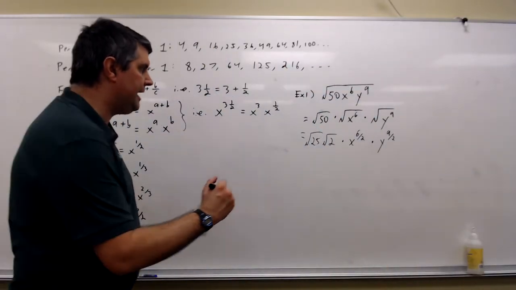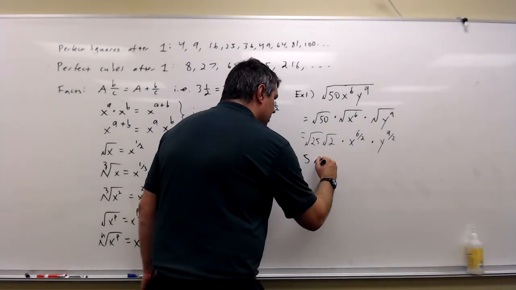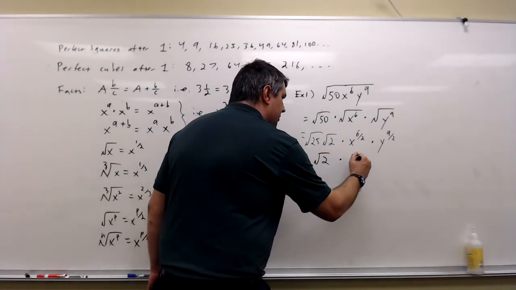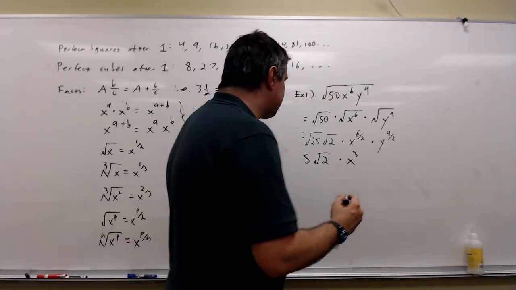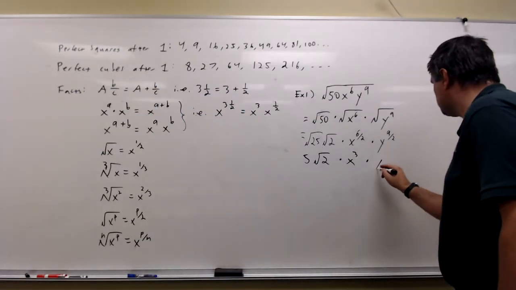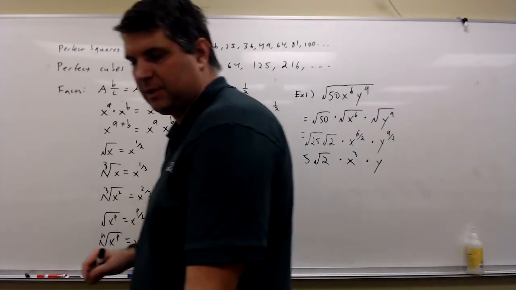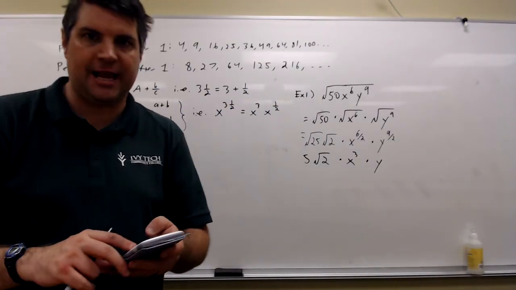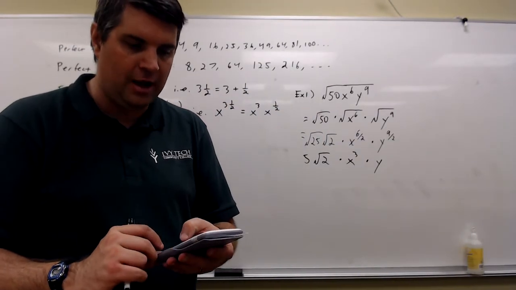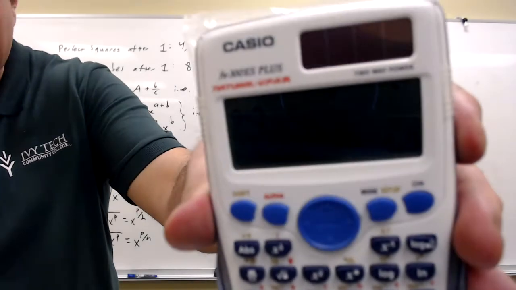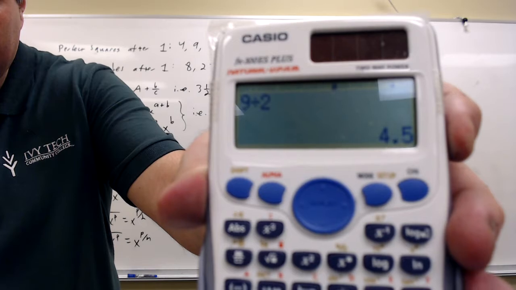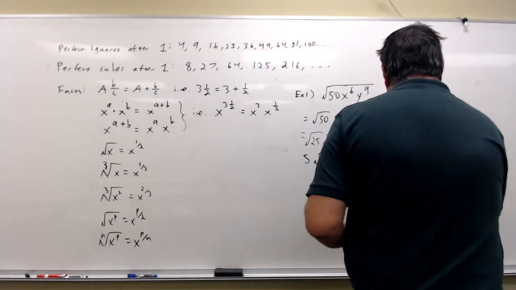So what will happen here is I will have 5 square root of 2. This simplifies as x cubed. And this simplifies: I'm going to take 9 divided by 2. I get 4.5. Okay? So that's 4.5.